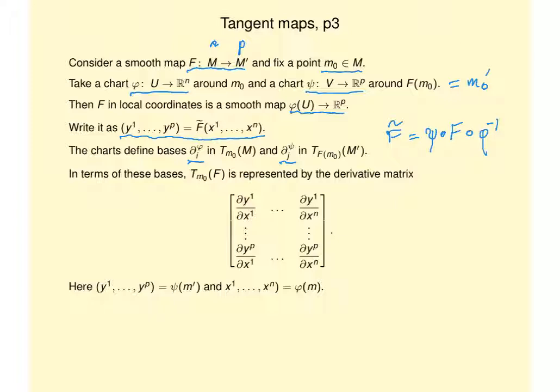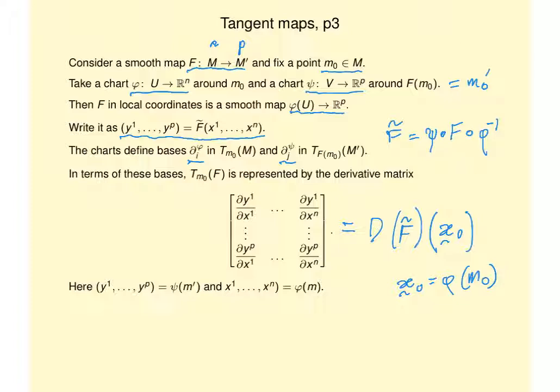And in terms of these bases, the tangent map becomes a matrix, of course, and the matrix which it becomes is the derivative matrix of that composite at the point, let's say x0, where x0 is phi of m0.